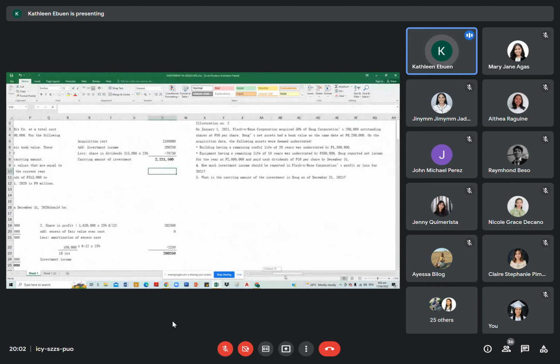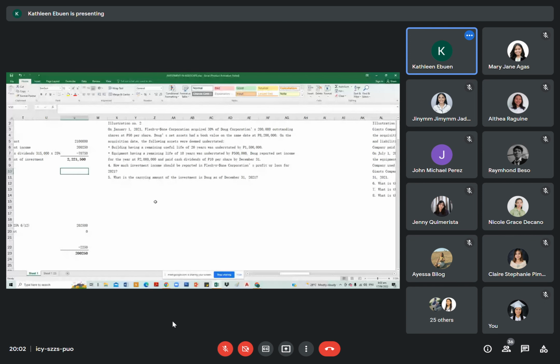So, patry nga ako, class, itong illustration number 2. On January 1, 2021, Flesh and Bone Corporation acquired 30% of Dow Corporation's 200,000 outstanding shares at 50 pesos per share. Net assets had a book value on the same date at 8,200,000. So ito po yung net assets ni Dow.